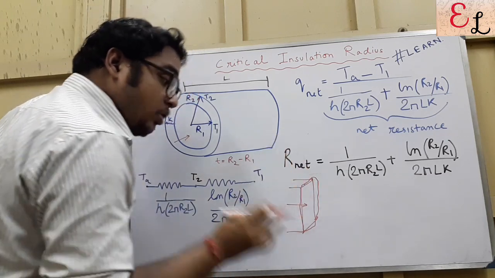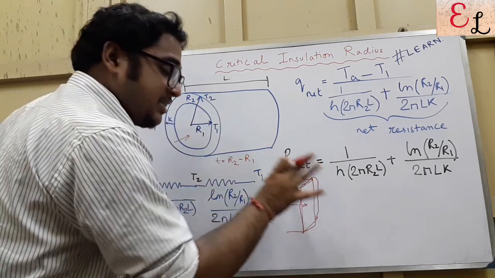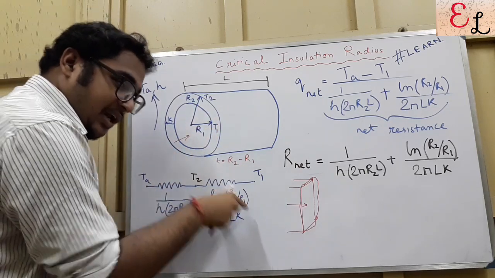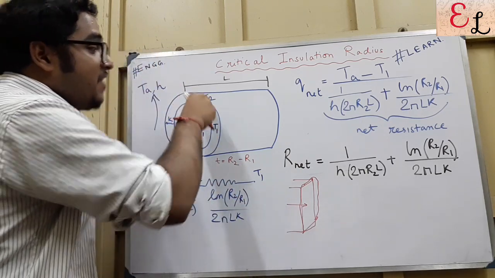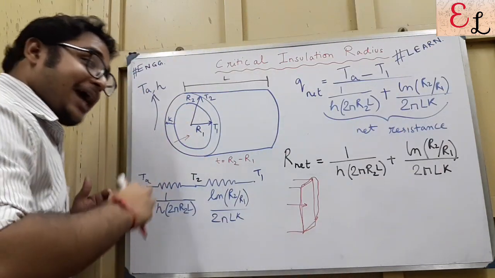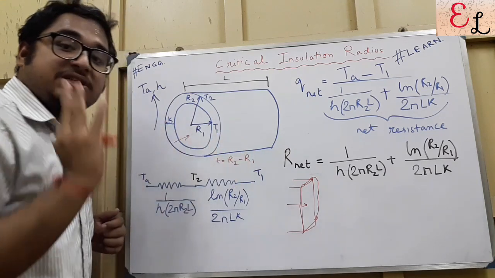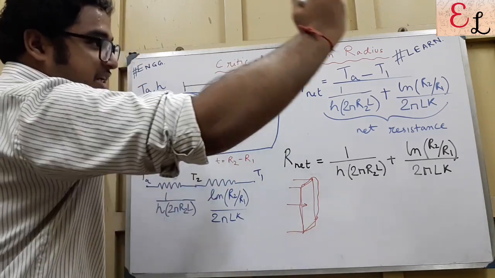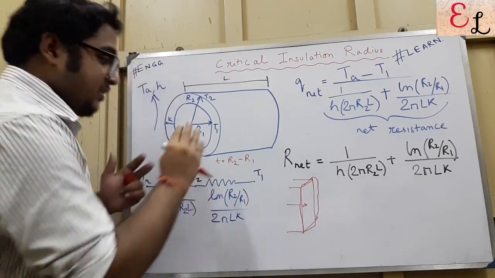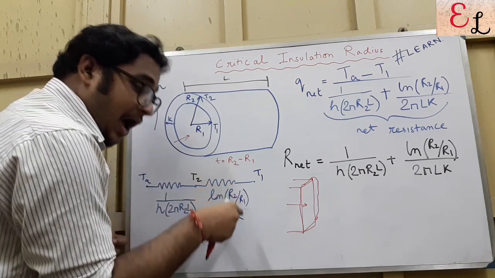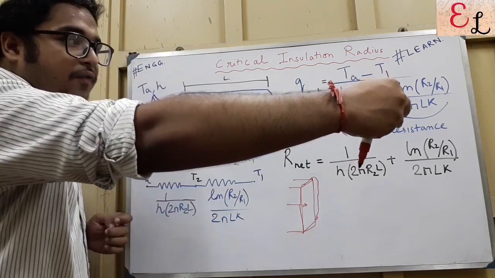But here no surface area change was occurring due to increase of thickness, but in the cylindrical vessel, along with the conductive heat transfer, it is also affecting the convective heat transfer, because with the increase in the insulation, it is actually increasing the heat transfer surface area. So the increase of the radius of insulation results in two things. First of all, due to a thicker insulation, lower heat loss due to a higher conductive resistance to the flow of heat.